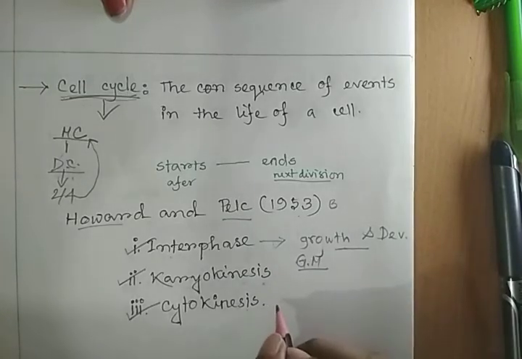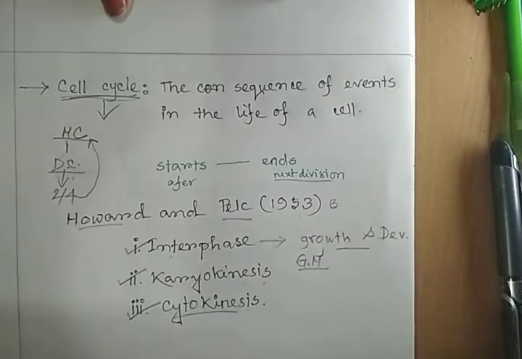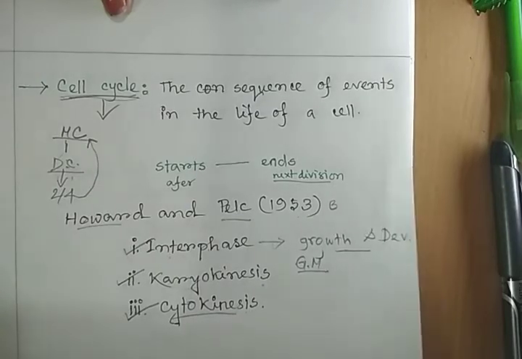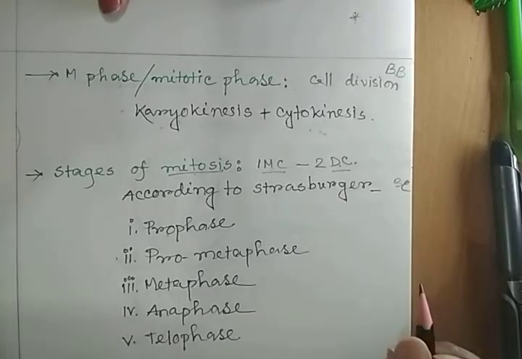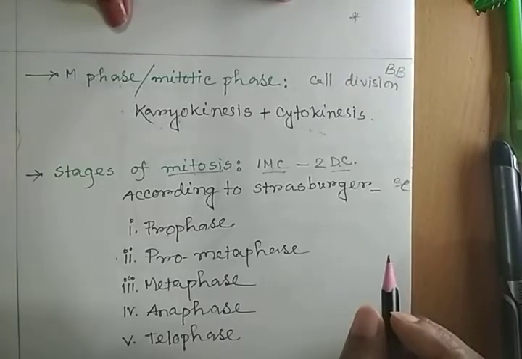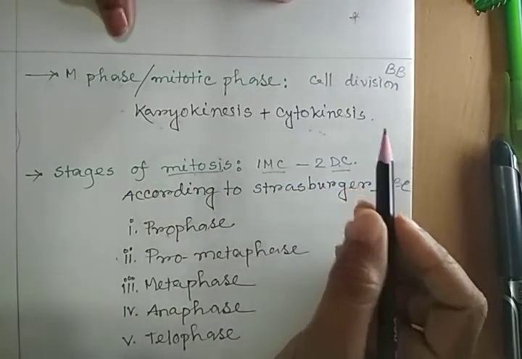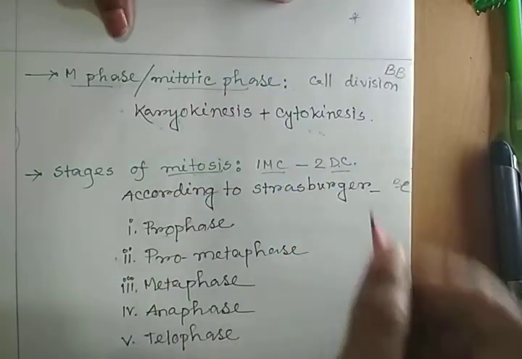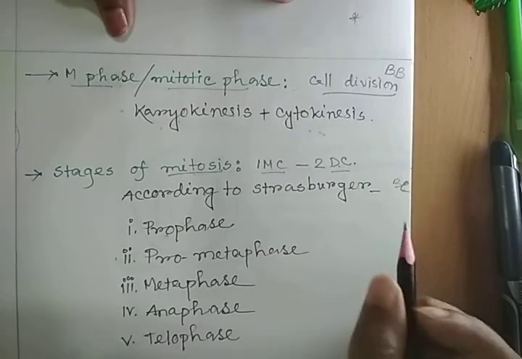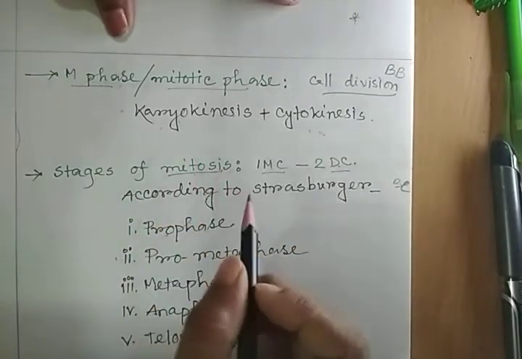Cytokinesis means the cytoplasmic division, that means division of cytoplasm is known as cytokinesis. Karyokinesis and cytokinesis together form the M phase or mitotic phase. That means cell division. Today I am going to discuss the stages of mitosis.